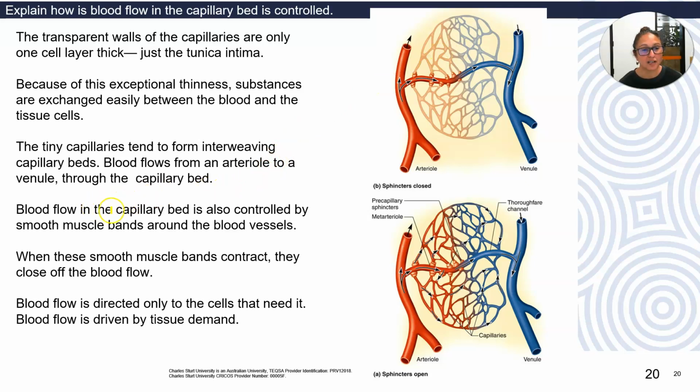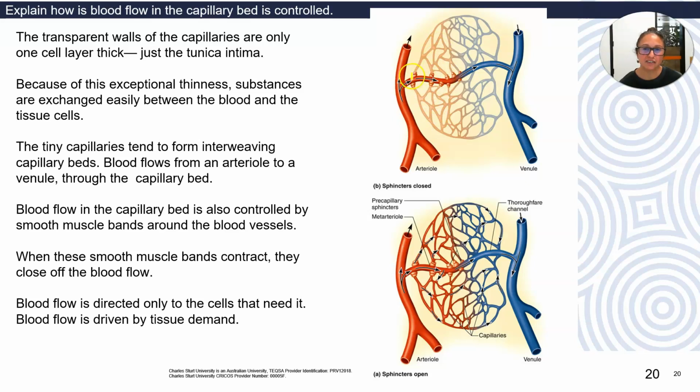So the capillary bed also has smooth muscle bands. Can you see here? When these smooth muscle bands are constricted, it's going to stop blood from going through the side streets. They're like traffic lights.